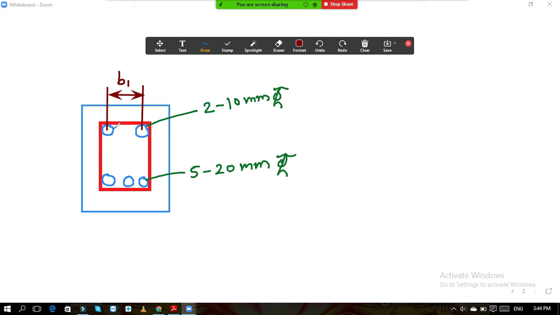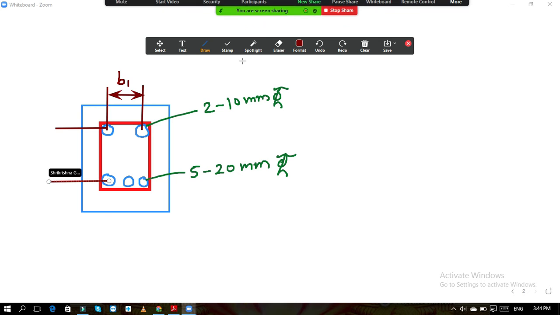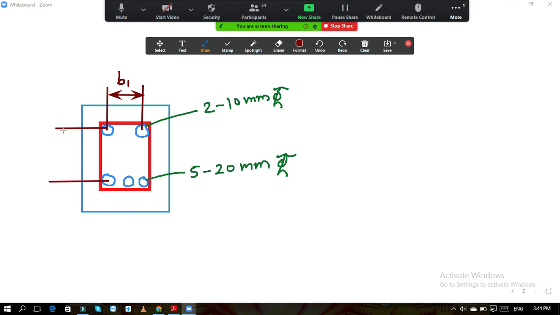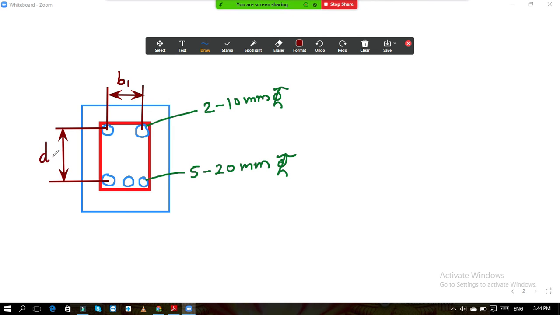Center to center of bar. And what is d1 now? d1 is from the center of this bar to the center of this bar. This is nothing but d1.